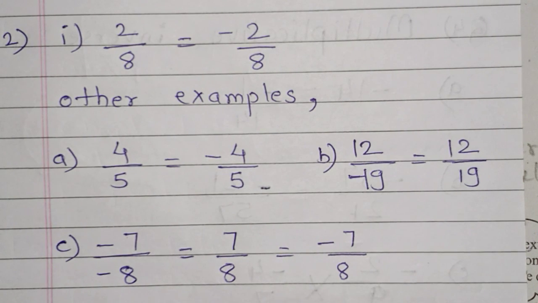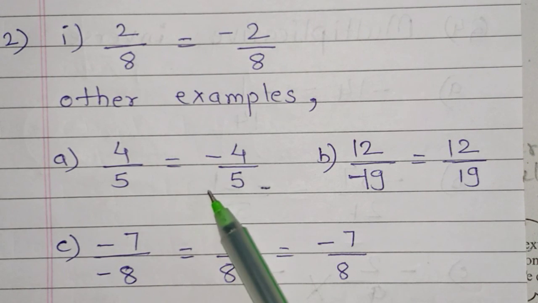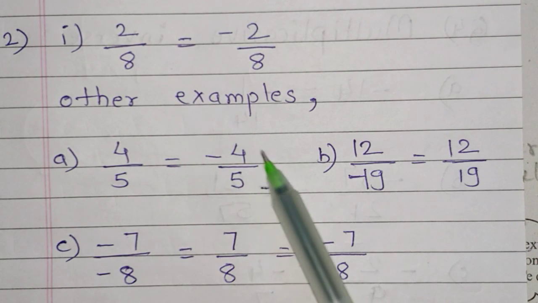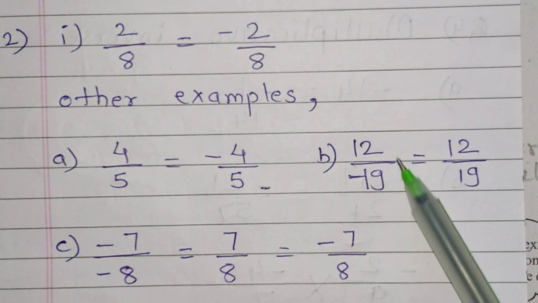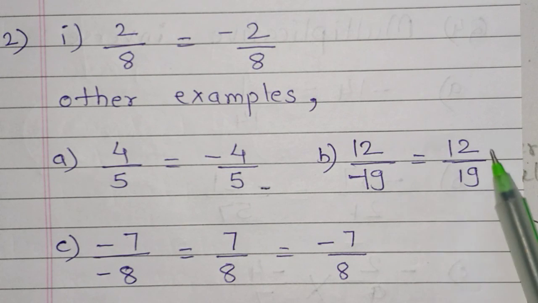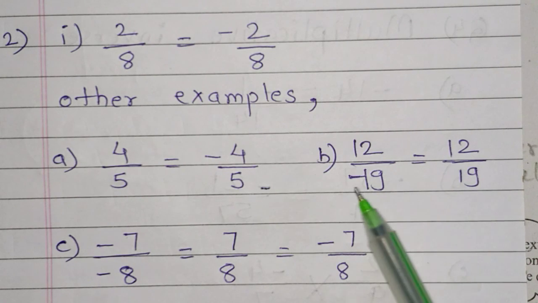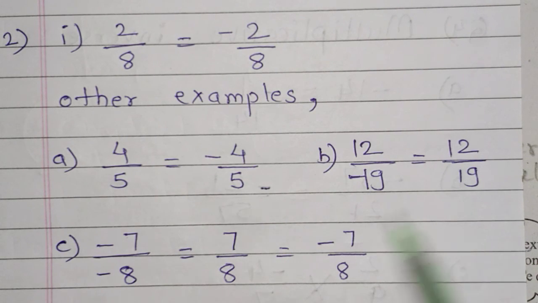I will not solve the exercise for you because I want you to solve the exercise. So there are some other examples. 4 upon 5 whose additive inverse is negative 4 upon 5. If I have the number 12 upon minus 19, its additive inverse is 12 upon 19. Since this is negative, my answer will be positive.